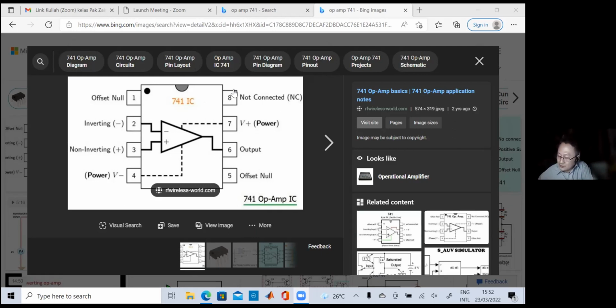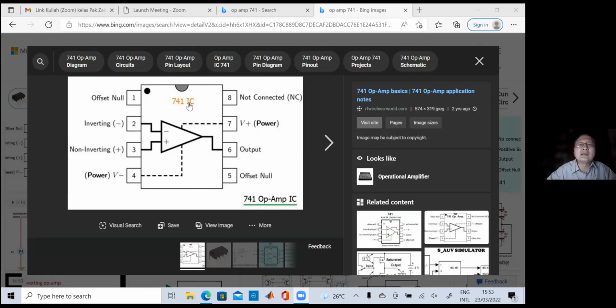The output is there. This one is inverting, this one is non-inverting, and this one is not connected. Number 8 is not connected. This one is plus, this one is minus, and this one is offset null. Okay, this one is 741.